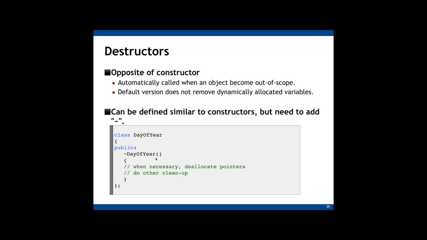But the default version of the Destructor does not deallocate dynamically allocated memory. So if your class has pointer member variables, you should explicitly write a Destructor and release them. You must not rely on the default Destructor, otherwise memory leaks occur.